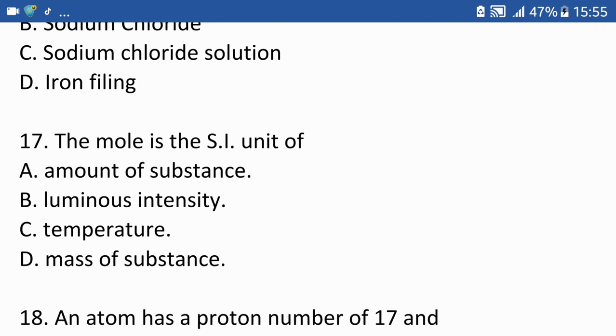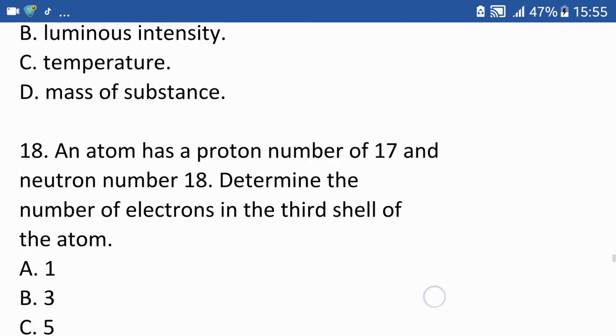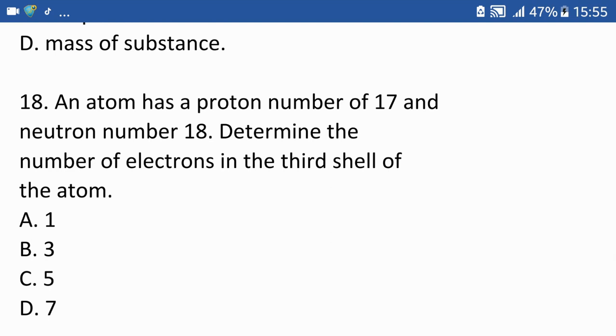Eighteen, an atom has a proton number of 17 and neutron number of 18. Determine the number of electrons in the third shell of the atom.